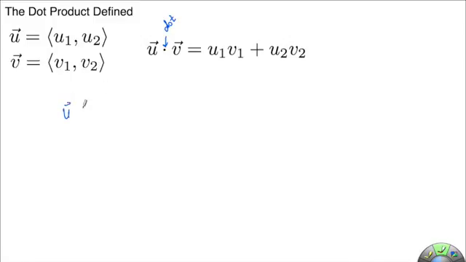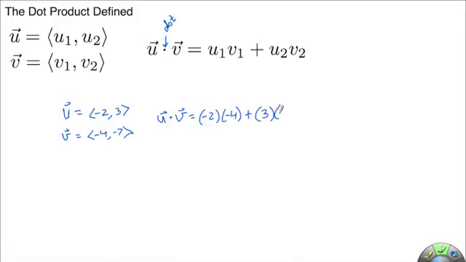So if I gave some vectors, just some simple ones, vector u equals -2, 3, and v equals -4, -7, then if we want to do the dot product between these two vectors, we're going to get the product of their first components, so -2 times -4, plus the product of their second components, 3 and -7.